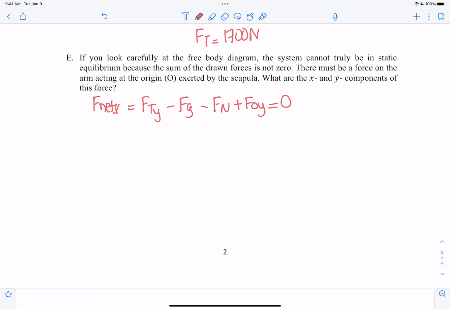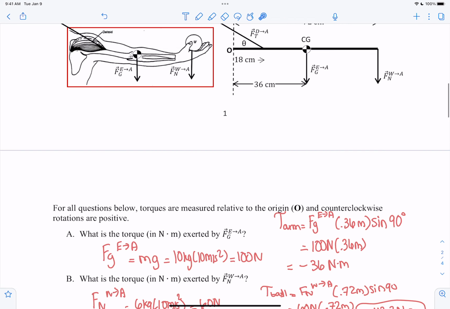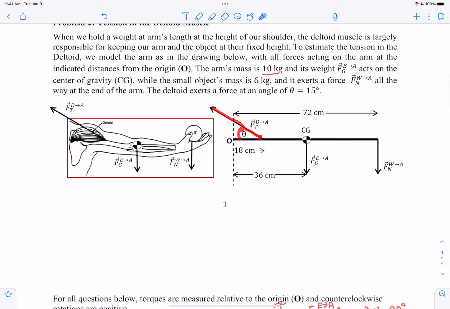Now, it's just a matter of filling these out. So for Fty, pretty simple. This is 1700 newtons. We have our angle. If we want to figure out the y component here, we can just do trig. So this is the y component. We can do sine of 15 because it's opposite over hypotenuse.